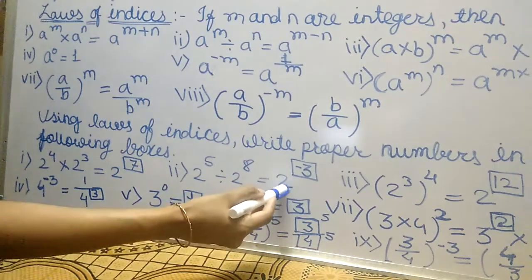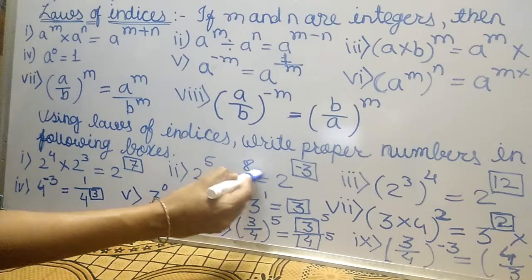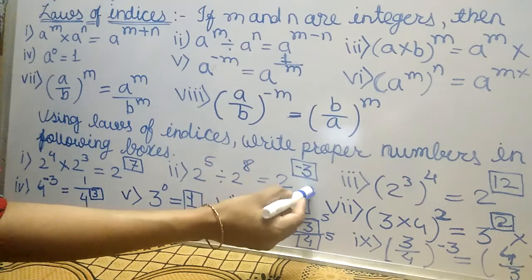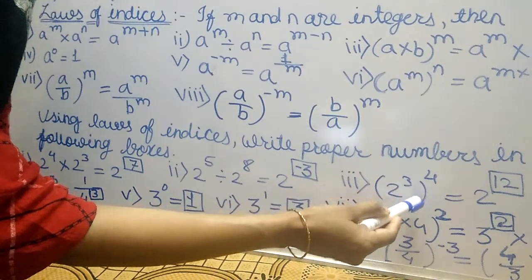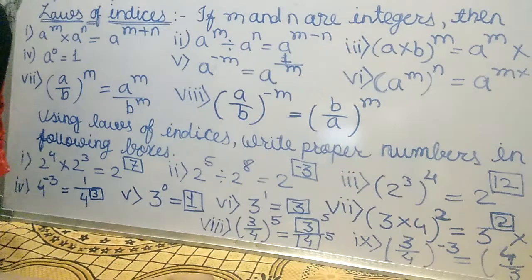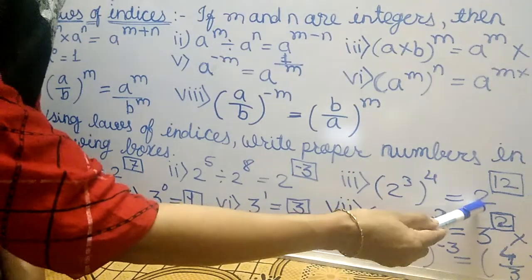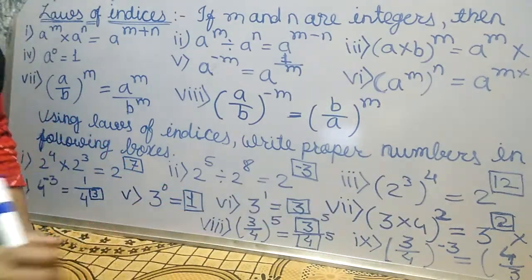Here we get 2 as the common base and 5 minus 8 means negative, the answer is minus 3 in the box. Now third: 2 to the power 3 and double power 4 means we have to multiply here. 2 as the common base, 3 fours are 12 is the answer in the box.